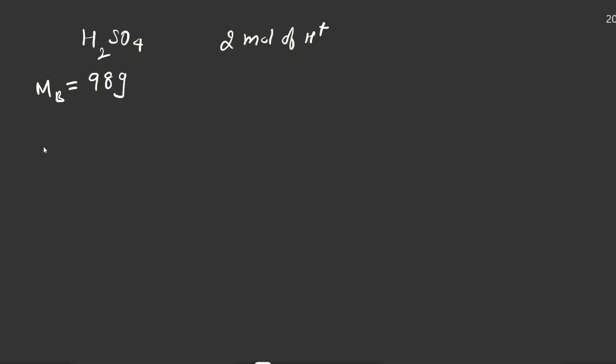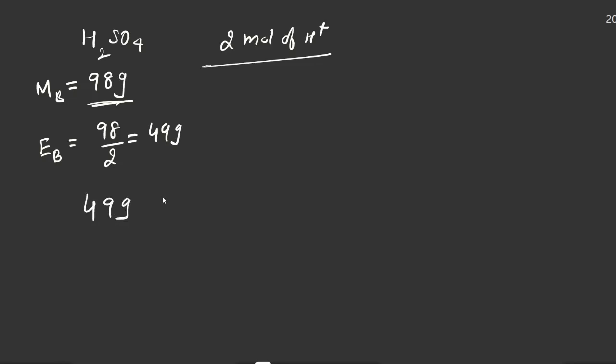And what is the equivalent weight of H2SO4? 98 by 2, that is 49 gram. So 98 gram will furnish 2 moles of H plus ion, so 49 gram will furnish 1 mole.